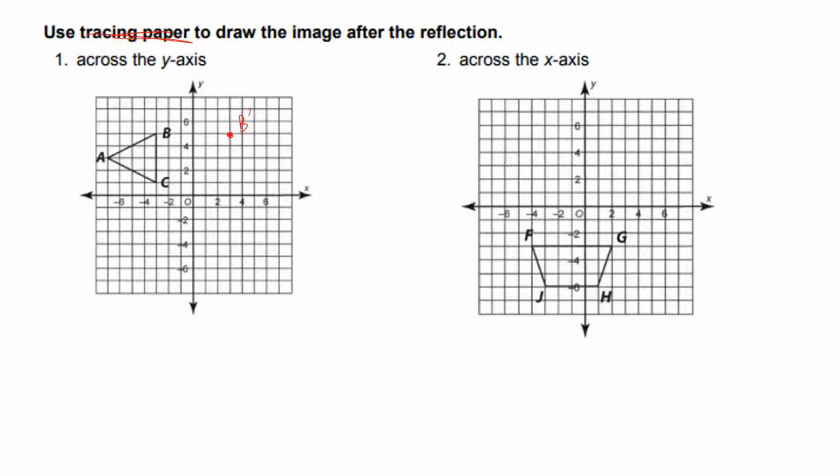So I count 1, 2, 3, 4, 5, 6, 7 right there. So A prime is right there. And then just to show you my laser pointer, if C is here, I count 3 spaces to the y-axis, so 3 to the other side. That's where C prime would go. And there is our drawing.